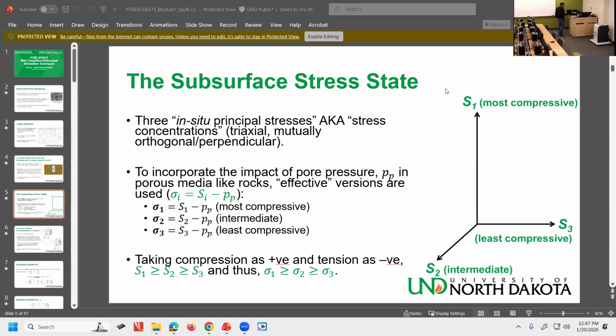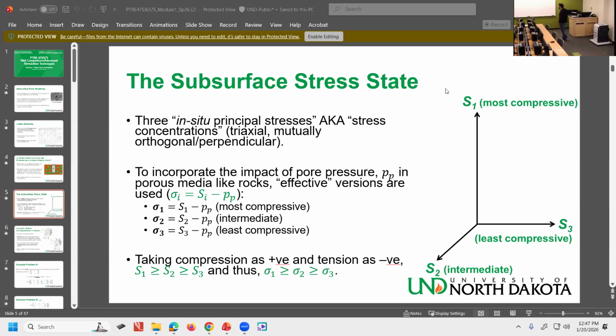But in general, the element would be subjected to 3 compressive stresses that are mutually orthogonal.